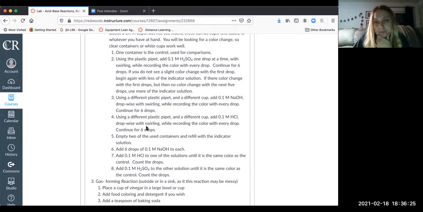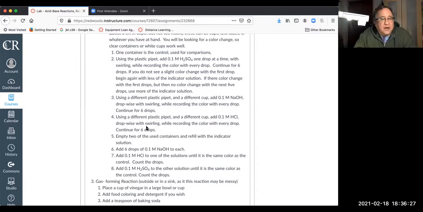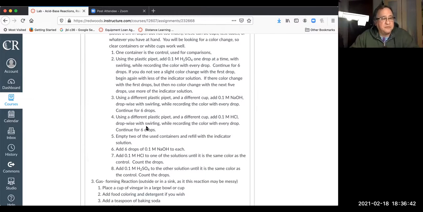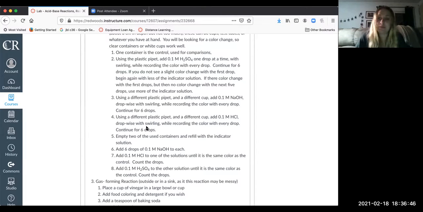So 1 cup you have nothing, 1 cup you have 6 drops of sulfuric, 1 cup you have 6 drops of sodium hydroxide, and the 4th cup you have 6 drops of hydrochloric acid. After you've added all the drops, that's when I want the photo. Okay. Does that help clarify? Yes, thank you.